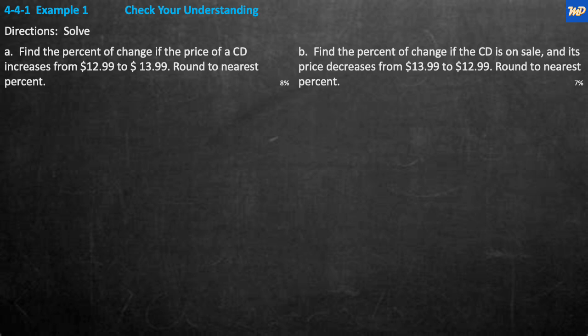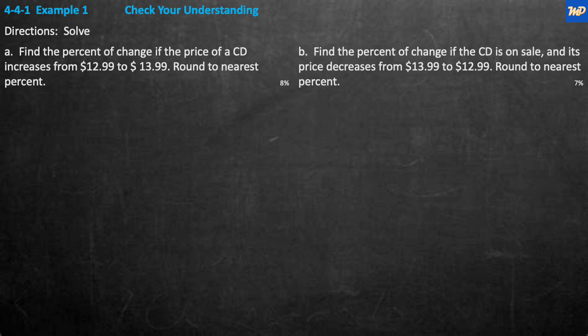Okay, so I'm sure you all paused the video and you've worked them and you've got good answers. So let's give them a shot. Each problem, we're going to look at it and tell what the story is, okay? Find the percent of change if the price of the CD increases from $12.99 to $13.99 and round to the nearest percent.